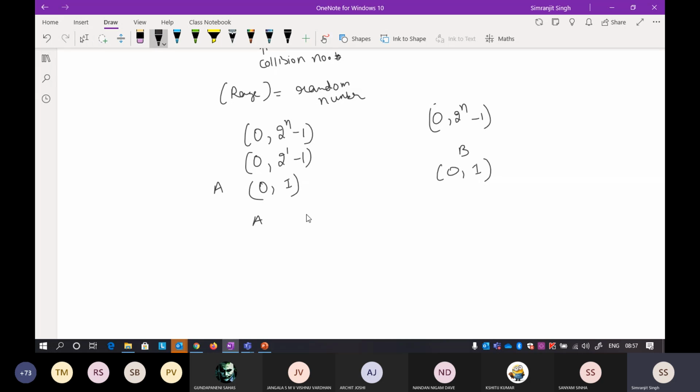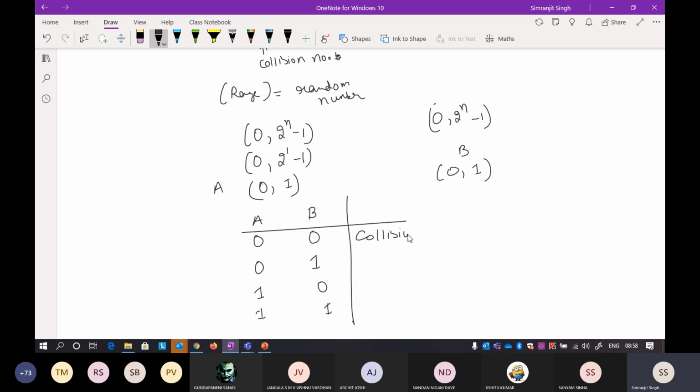So the four possibilities that can happen are: A chooses 0 and B chooses 0, A chooses 0 and B chooses 1, A chooses 1 and B chooses 0, or both choose 1. Suppose they both choose 0. 0 here means no wait, so they directly send the packet at the same time, and there will be a collision.